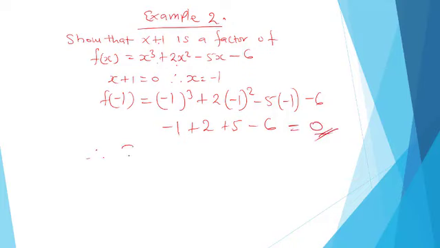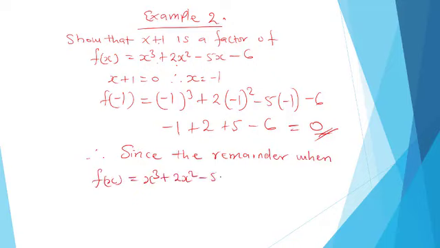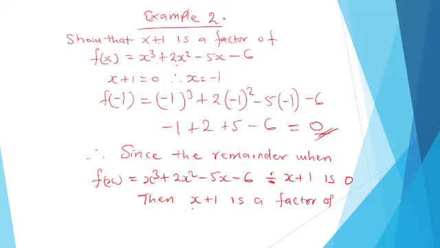So your conclusion will be: since the remainder when f(x), that is x^3 plus 2x^2 minus 5x minus 6, is divided by x plus 1 is 0, then x plus 1 is a factor of the polynomial.